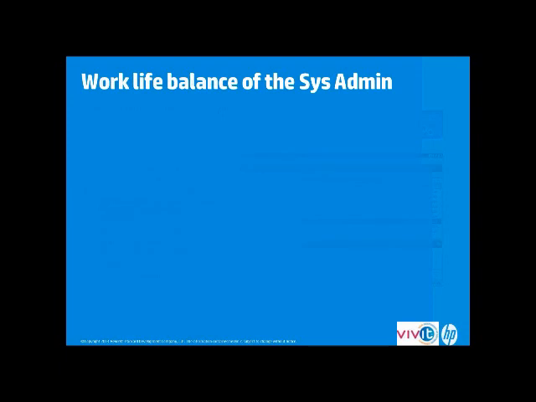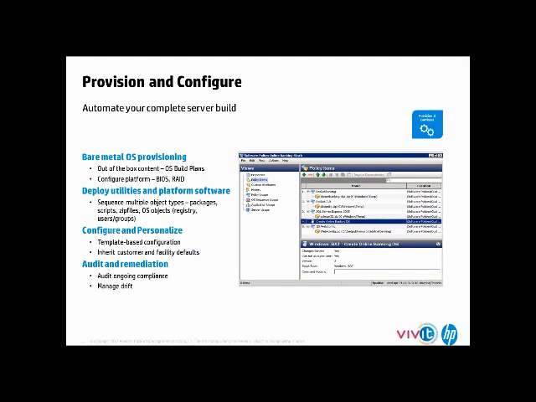Okay. The first classification of the feature capability: the provision of your server. Your server takes birth. I use the word birth because that's so easy for me to relate to, bringing the server into our life.